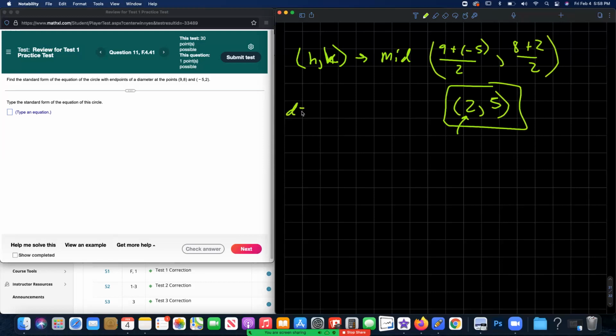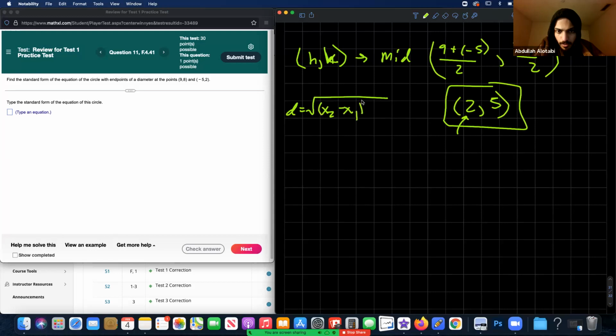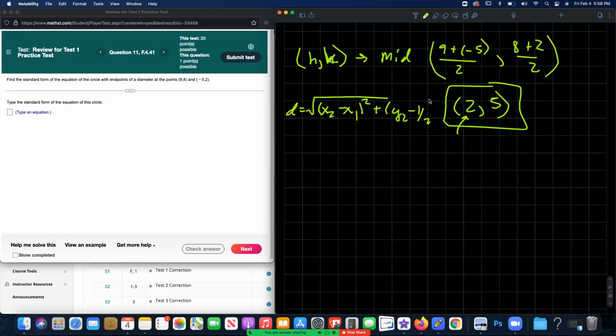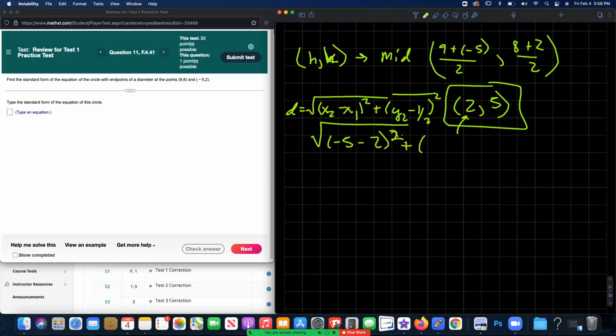So we know the distance equals the square root of x2 minus x1 all squared plus y2 minus y1 all squared. Let's say I'm going to use -5, so I'll say -5 minus 2 squared plus 2 minus 5 squared.